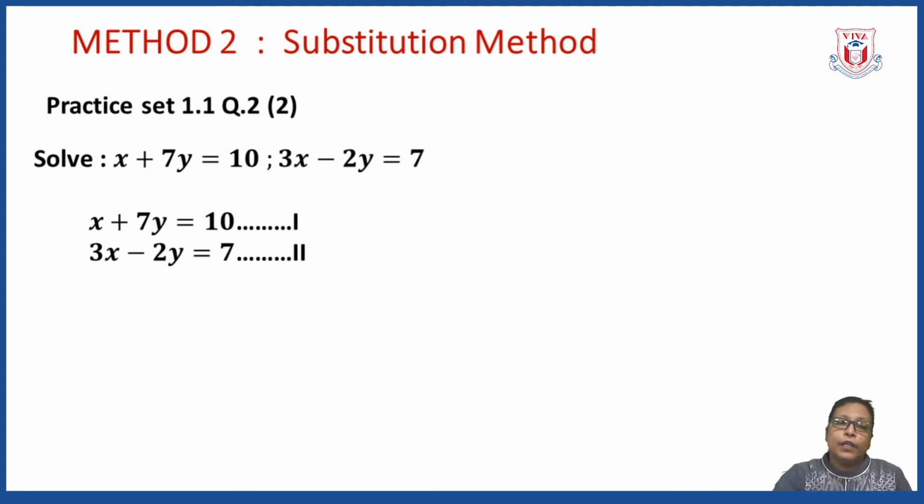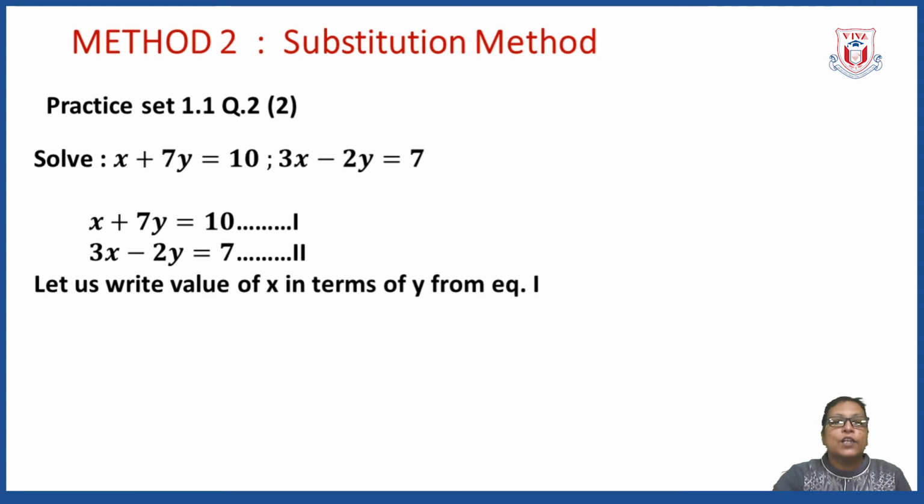It may happen that sometimes no coefficient is 1, but if you observe and get it, then choose that equation. For example, here in equation 1 the coefficient of x is 1, so we will use equation 1 here. So let us write the value of x in terms of y from equation 1.